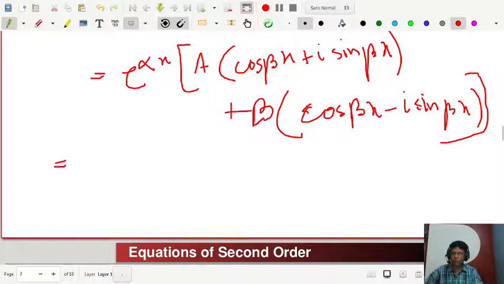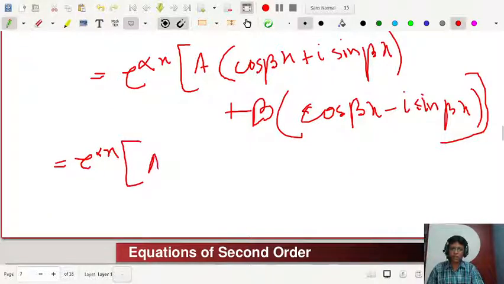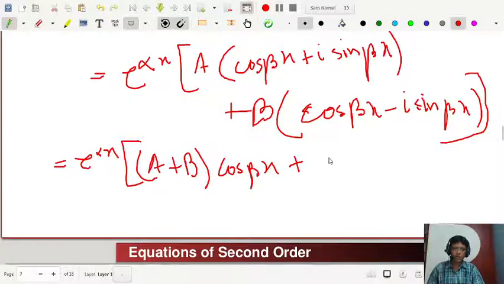So if you simplify more, then you have e to the power alpha x into a plus b cos beta x plus i into a minus b into sin beta x.